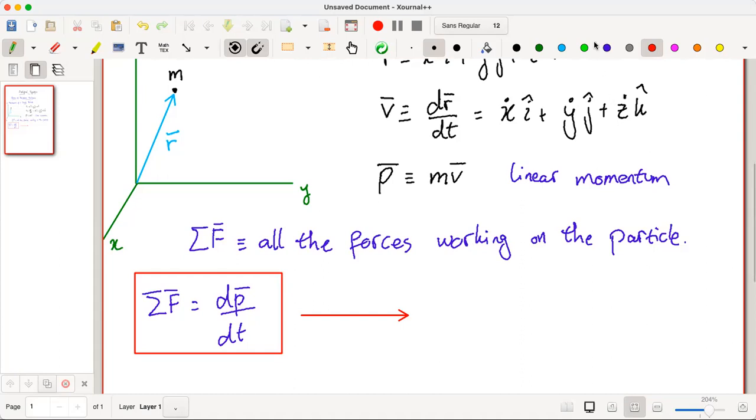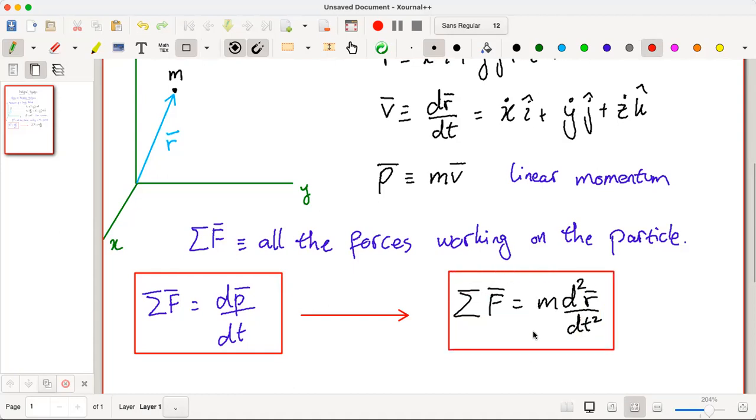So for constant mass, we can always write down the equation as this one. Yeah, so it's mass times acceleration. Now, from the point of view of mathematics, this equation is a second order ordinary differential equation. Well, it depends on the left hand side; for some cases, it will give you a partial differential equation.